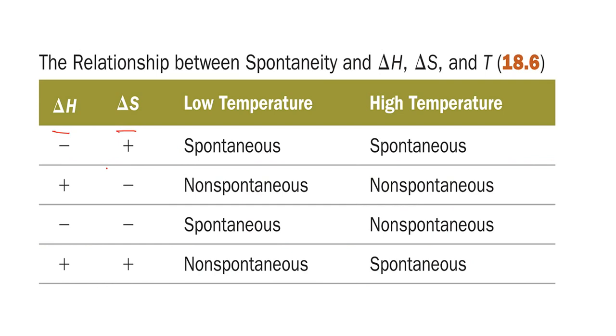If you have delta H positive and delta S negative, the reaction is non-spontaneous at both low temperature and high temperature. If you have negative for both, the reaction will be spontaneous at low temperature, non-spontaneous at higher temperature.